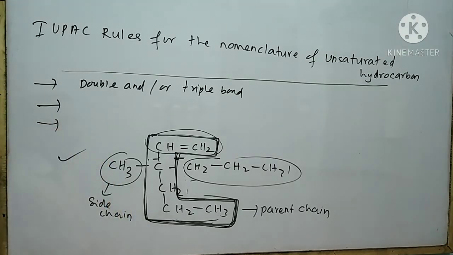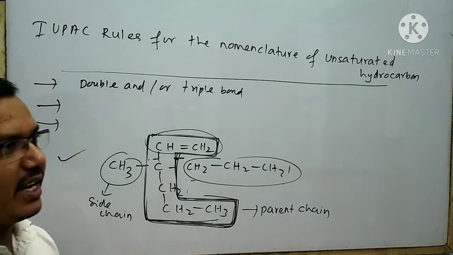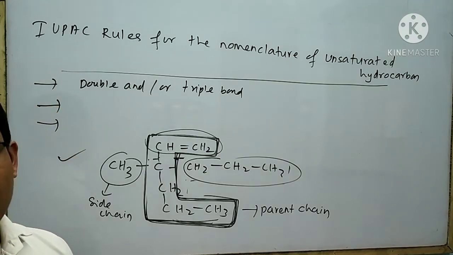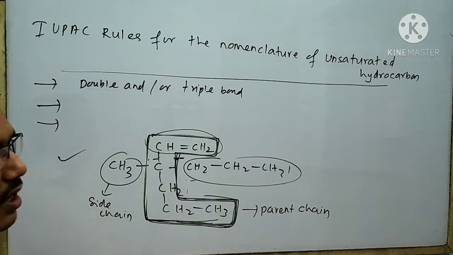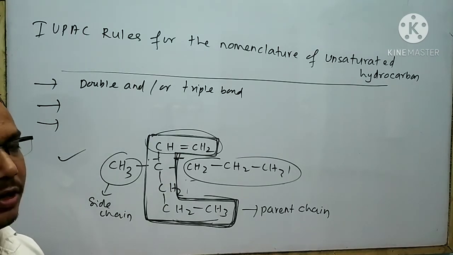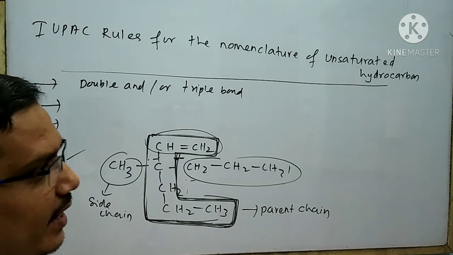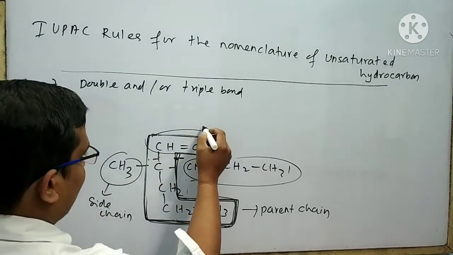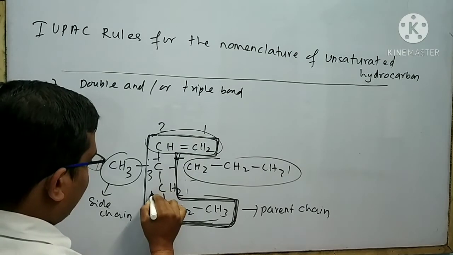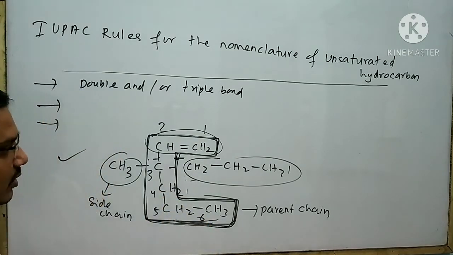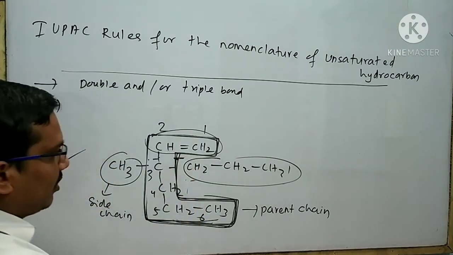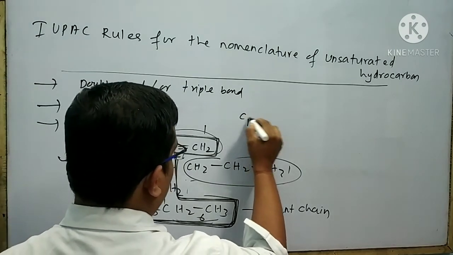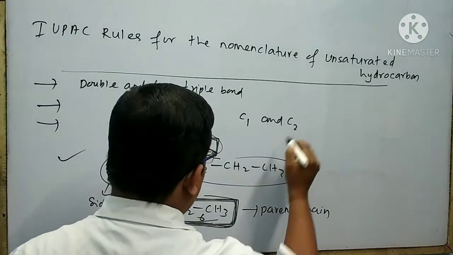Next rule, the numbering of atoms in the parent chain is done in such a way that the carbon atom carrying the multiple bond, meaning double bond or triple bond, gets the lowest number, and not any side chain. If I start the numbering like this, 1, 2, 3, 4, 5, 6, then the double bond is present between carbon 1 and carbon 2.